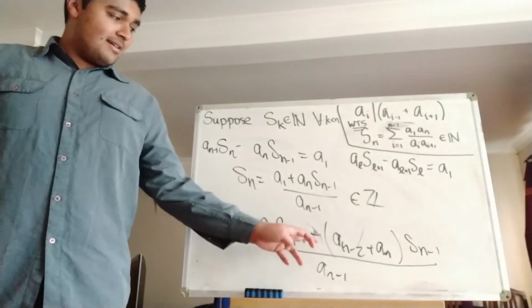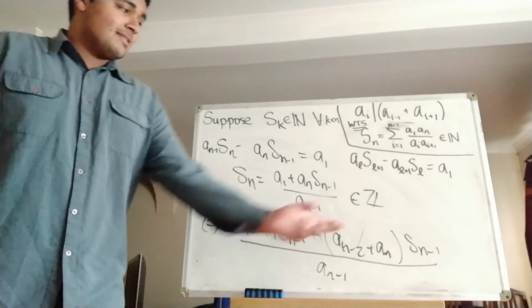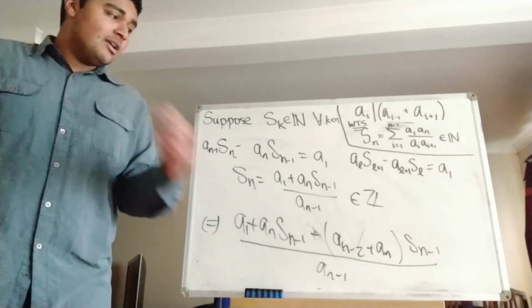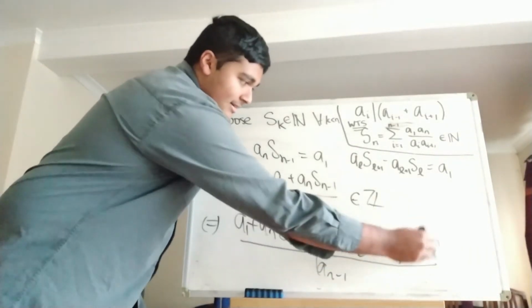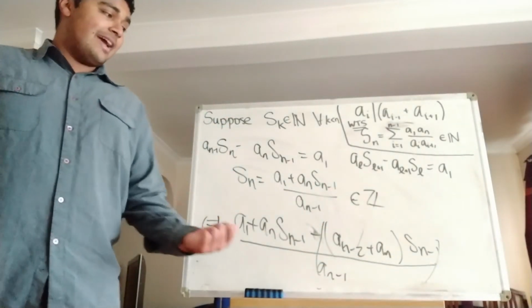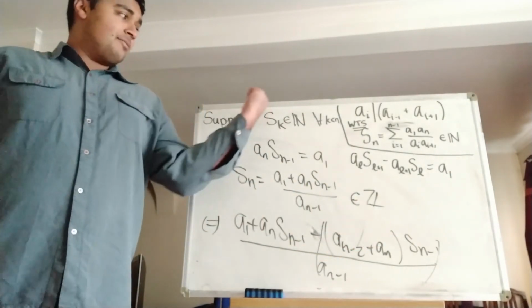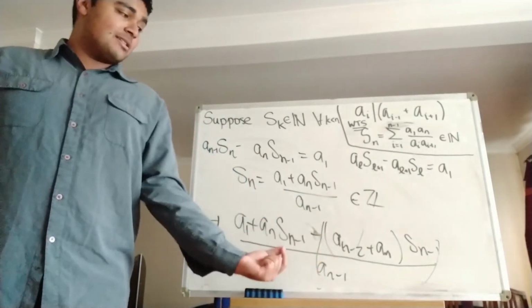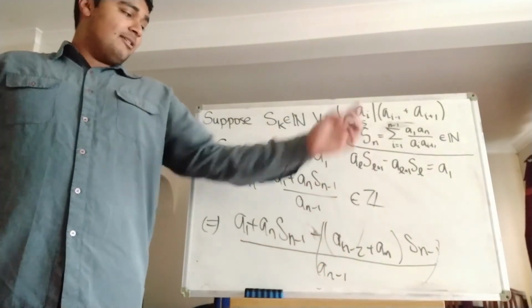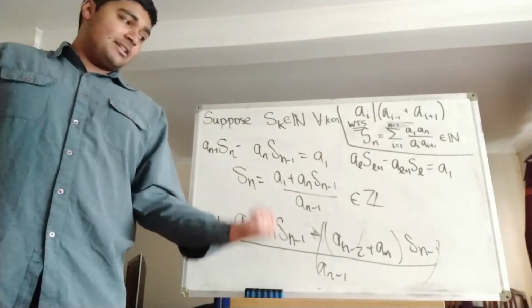Well, because the thing that I've added on the numerator, this (A_{n-2} plus A_n) times S_{n-1} divided by A_{n-1}, well, we know that this thing here is also an integer. And the reason we know that is because, well, S_{n-1} is an integer by assumption from this guy here. And also, A_{n-2} plus A_n divided by A_{n-1}, well, that's also an integer because we have this guy here. So A_{n-1} divides A_{n-2} plus A_n.